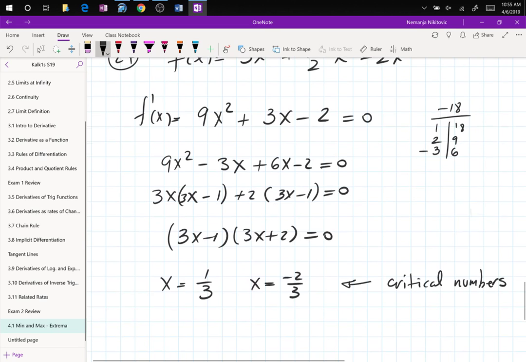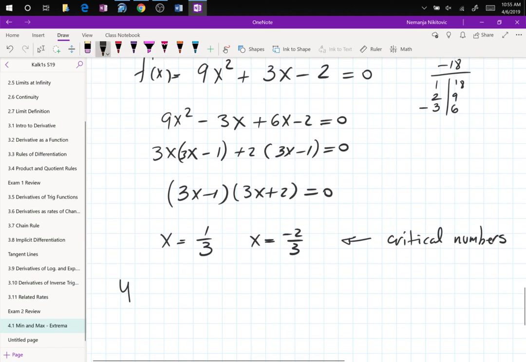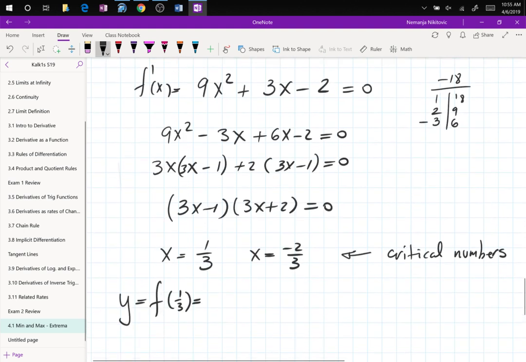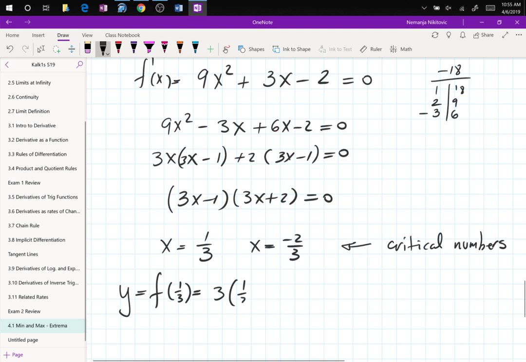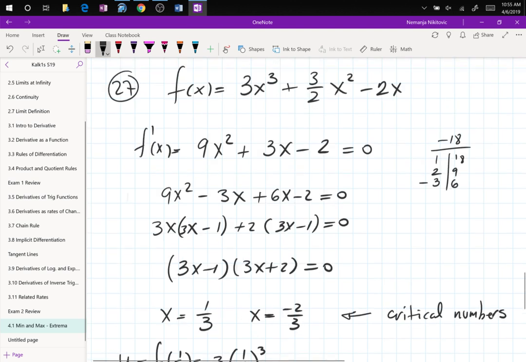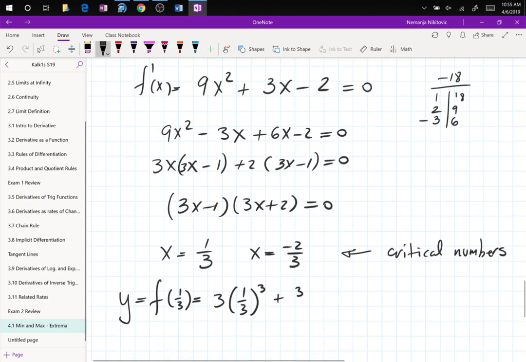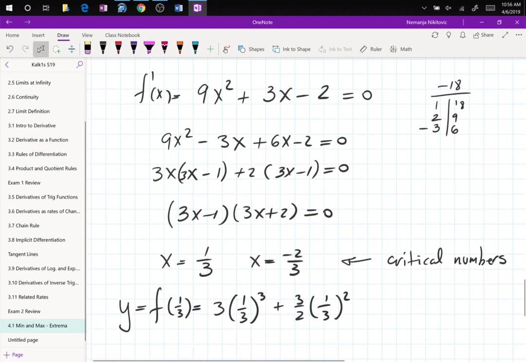Which are only x values. And then you find the y values by plugging these into the original problem. So that's 3 times 1/3 cubed plus 3/2 times 1/3 squared minus 2 times 1/3.